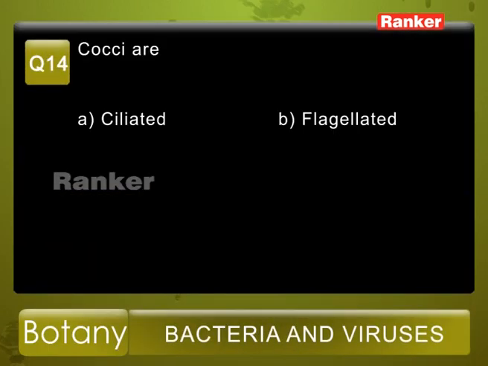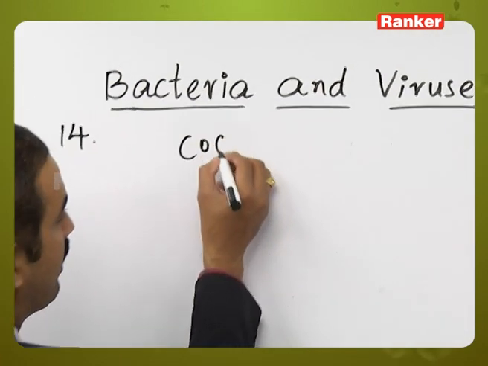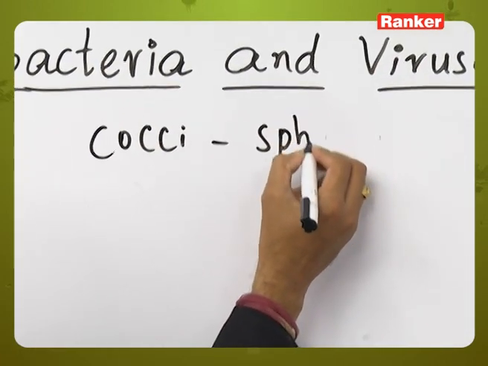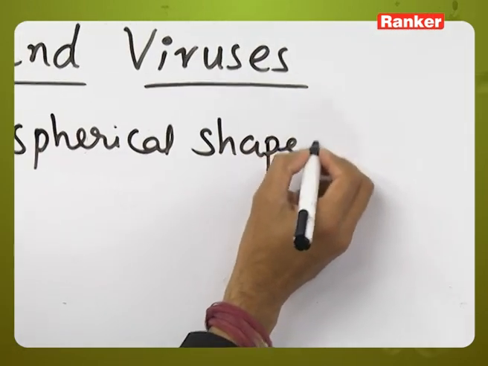Question number 14. Cocci are A. ciliated, B. flagellated, C. non-ciliated, and D. both 1 and 3. So, cocci are the spherical shaped bacteria.